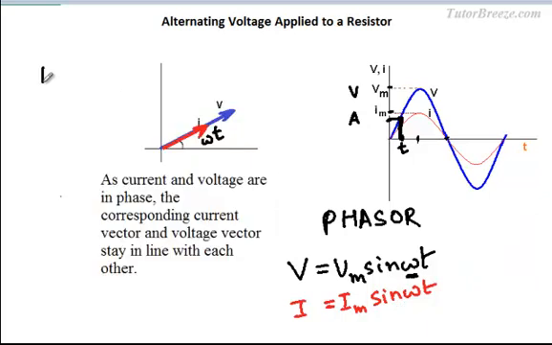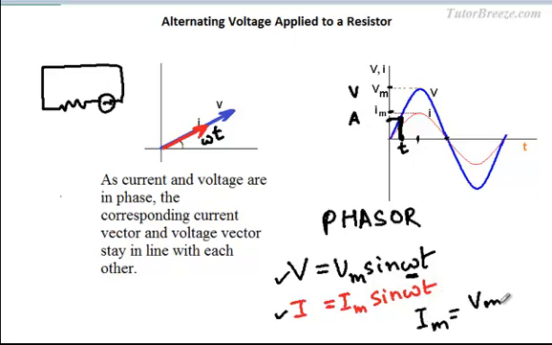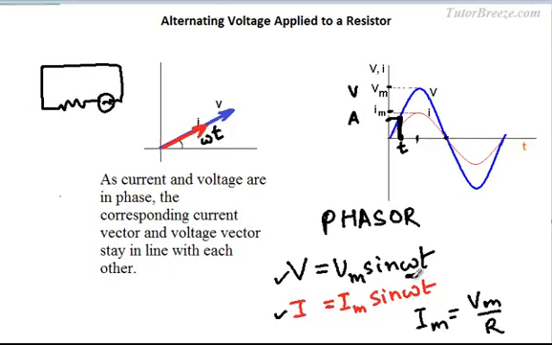So now you know that when a resistor is connected to an AC source, then the current and voltage are given by these expressions. V is Vm sine omega t, I is Im sine omega t, where Im is equal to Vm over R. The current and voltage are in phase with each other because there is no phase difference between them.